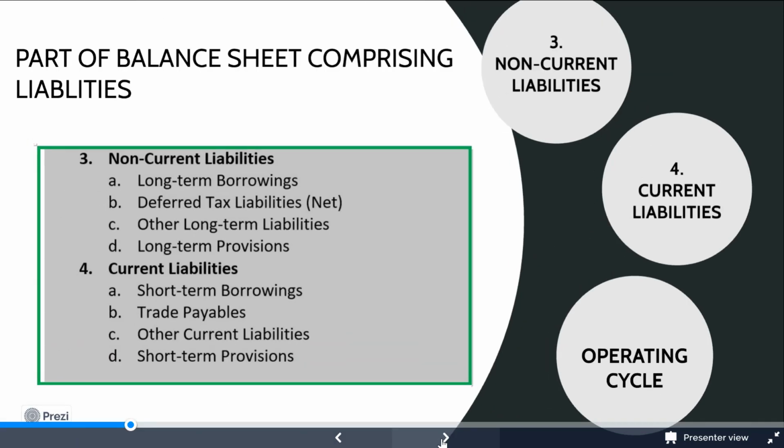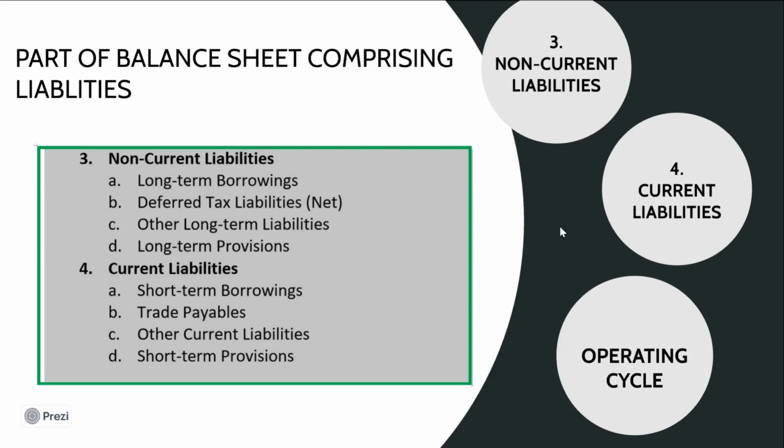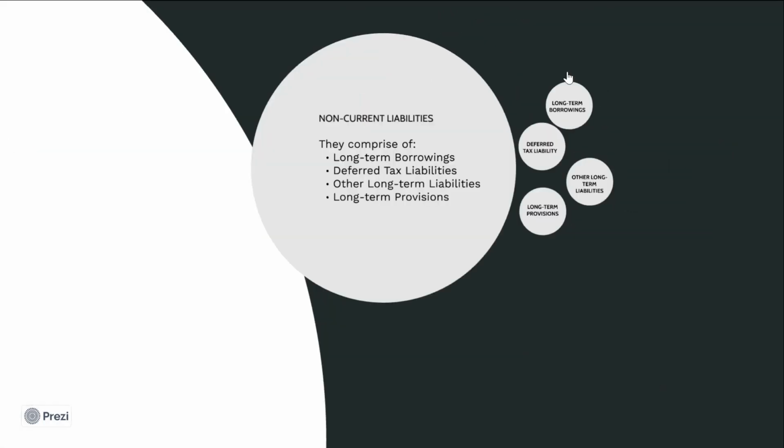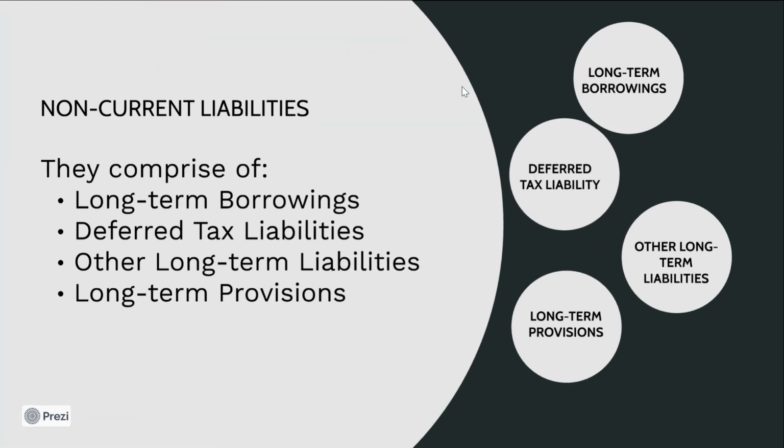So we've seen in detail the difference between a non-current liability and a current liability. We will check out the contents of non-current liabilities now. The non-current liabilities comprise long-term borrowings, deferred tax liabilities, other long-term liabilities, and long-term provisions. We will see each of these in detail.